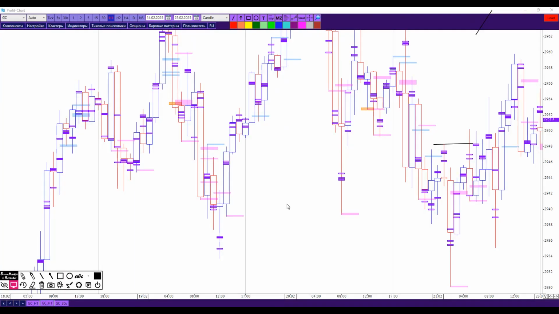What am I paying attention to? First, where exactly are these volumes located, compactly? Or in the body? If in the body, then this is not interesting. Or, let's say, they are located like here. This is the most interesting option.